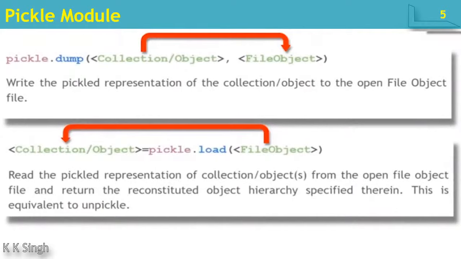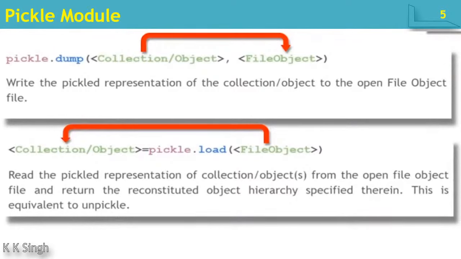So this is the pickle module. What is the format of the pickle module? It is pickle.dump, and what is inside the round brackets or parentheses? Number one, the collection or the object, and number two, the file object. The collection object may be a list, tuple, or dictionary, and the file object is the file name or file variable.